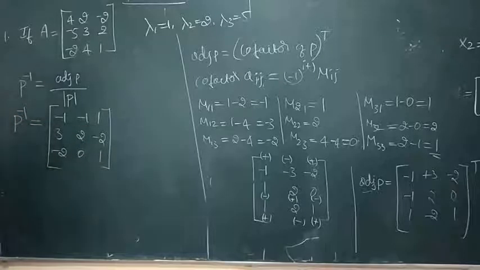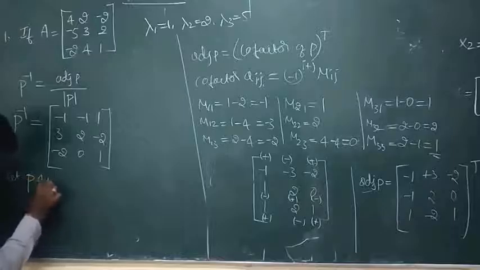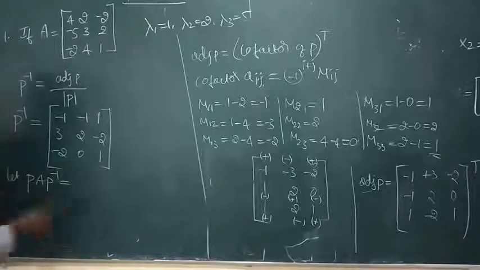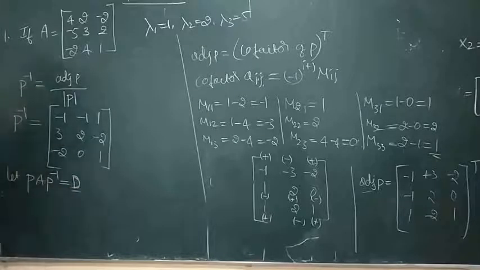Therefore, to test whether the matrix can be diagonalized or not, we compute P inverse A P, which should equal D. D means here the diagonal matrix which contains the three lambda values, lambda 1, lambda 2, lambda 3, and other elements are zeros. Okay.